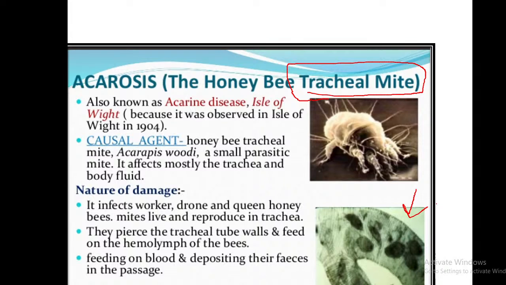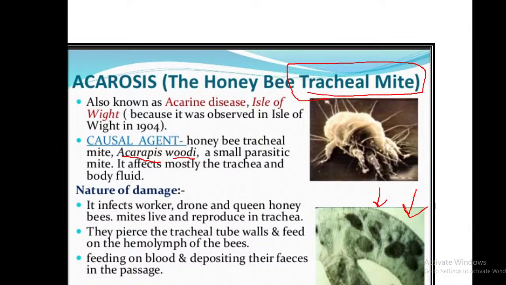The first parasite which I said, that is the varroa, is the external parasite, but this tracheal mite or Acarapis species, Acarapis woodi, Acarapis externus, Acarapis dorsalis. There are different species. പല species ഉണ്ട്. Acarapis woodiയുടെ പടമാണ് ഇവിടെ കാണിച്ചിരിക്കുന്നത്. It is a tracheal parasite, meaning the region where it attacks is the trachea of the honeybee.